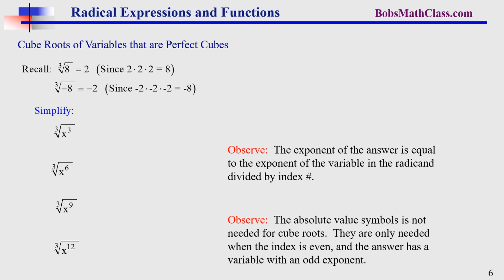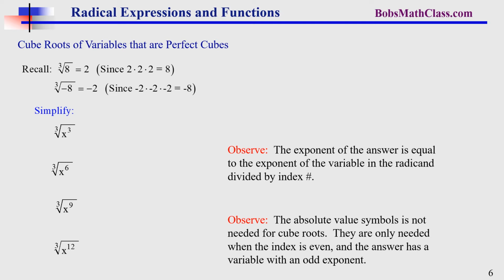Let's talk about cube roots. Now, let's look at these past problems. The cube root of 8 is 2, because 2 times 2 times 2 is 8. And the cube root of negative 8 is negative 2. We can have a negative for an answer if the index is 3.